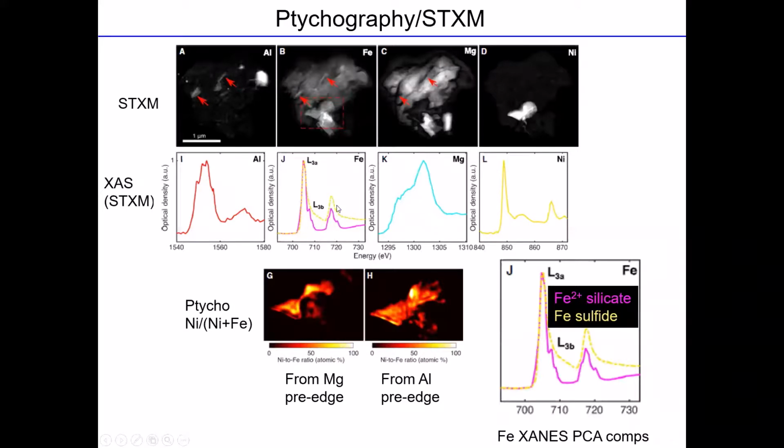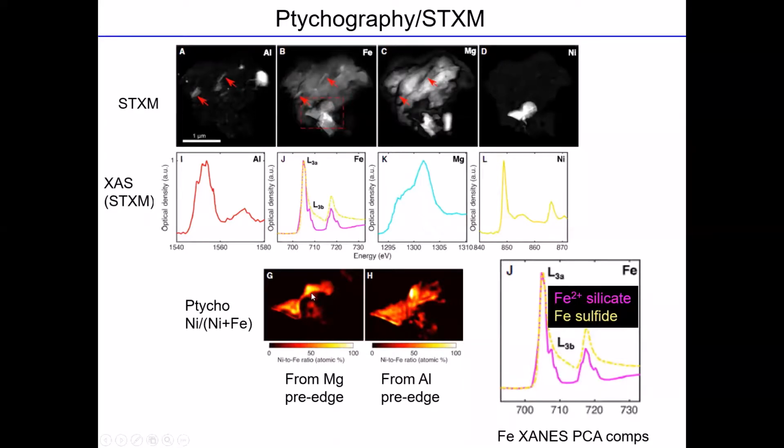Now, one of the things that they wanted to find out was the iron-nickel ratio. So you might think that you could do the same sort of thing as I showed you with Stardust of looking at edge jumps. But as you can see from these iron L edges, it's really hard to quantify the edge jump on an L edge. It really doesn't normalize very well. So they had to do some other trickery with the tychography.